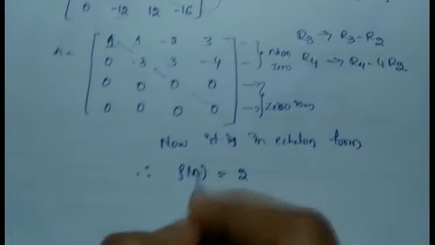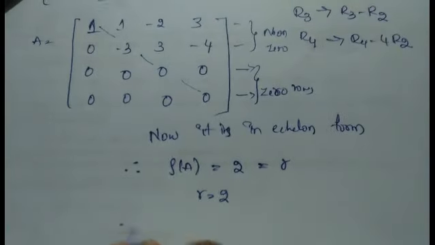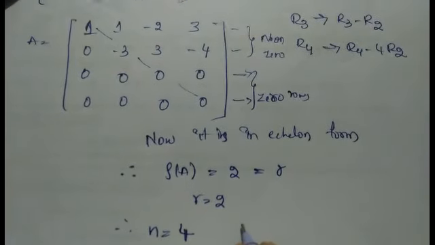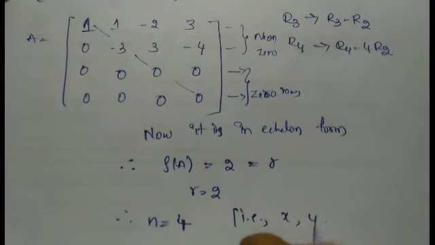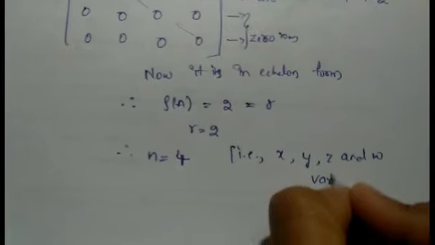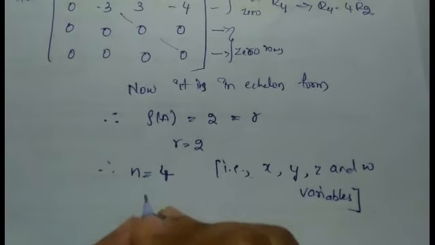So r equals 2, whereas n equals 4, because n is the number of variables, and the variables are x, y, z and w. That's why n equals 4.